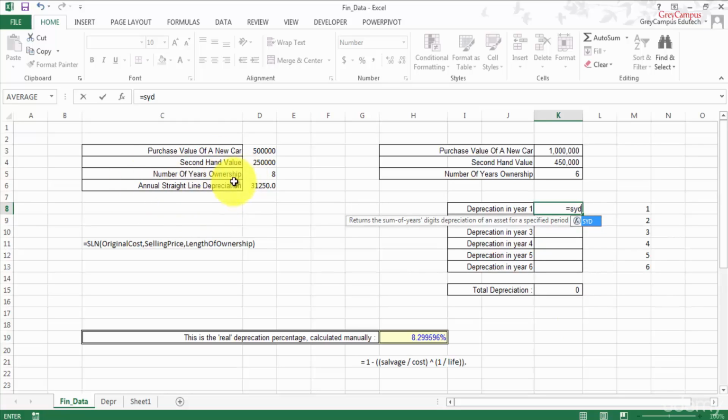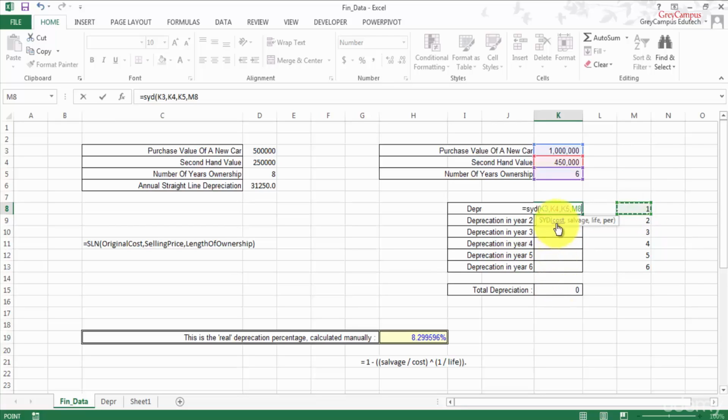This means that the earlier option gives the final result, and this one gives a yearly result. It asks for all the parameters, but it also asks for the period. So we say this is the cost, the salvage value is this, the total life of that particular vehicle after which the salvage value has been calculated is this, and the period is this.